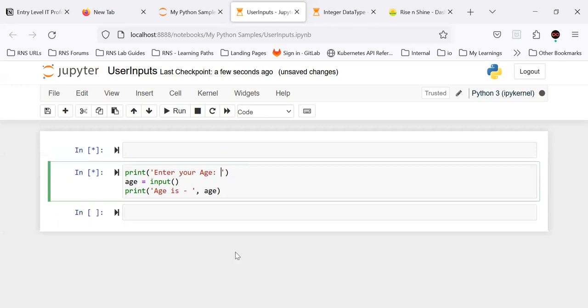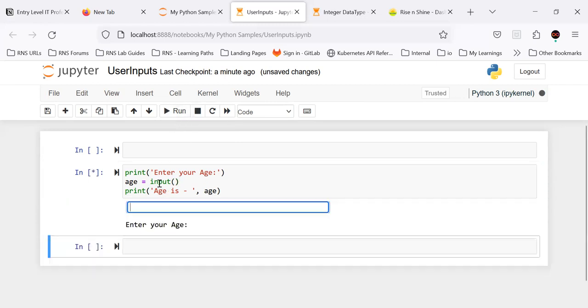I just removed it and re-entered. Let me re-enter once again. Already in the running process. Let me. Yeah. Oh. Maybe that process was hung. That's why it is not responding.